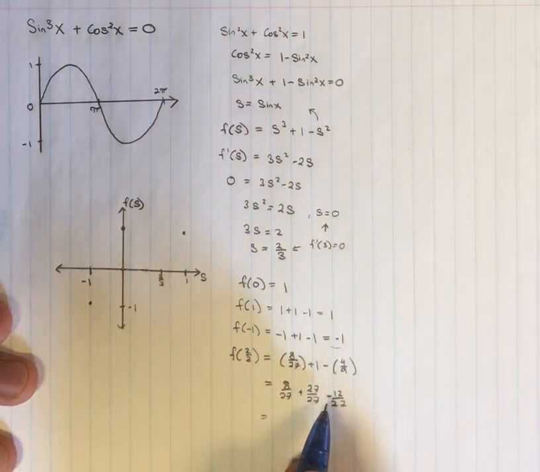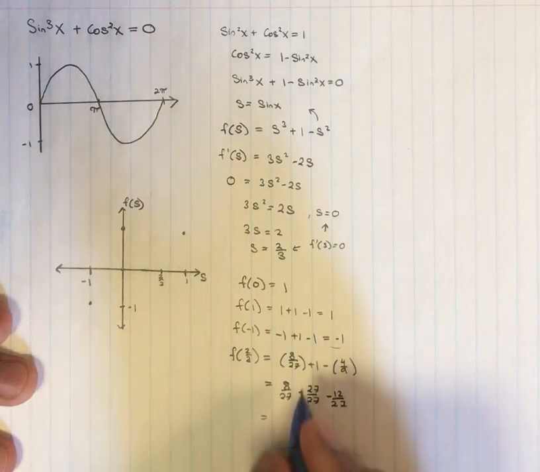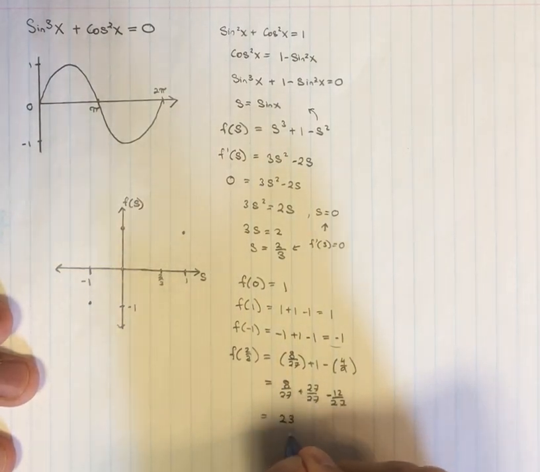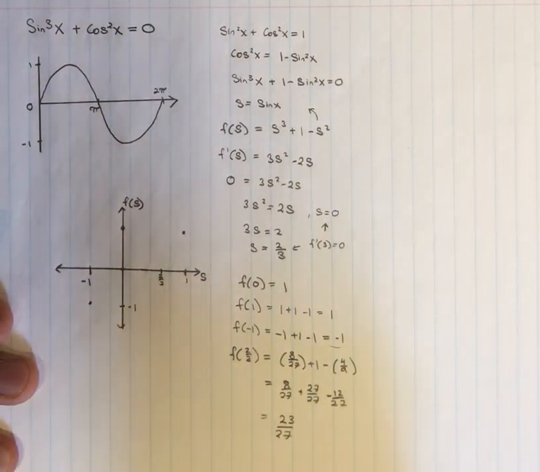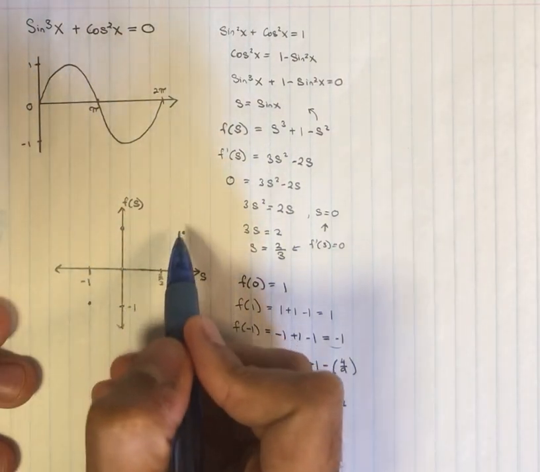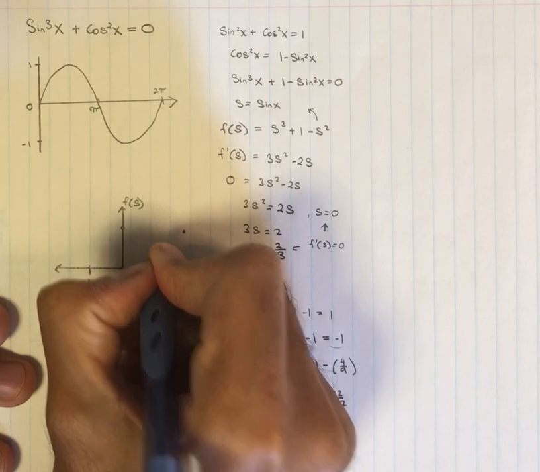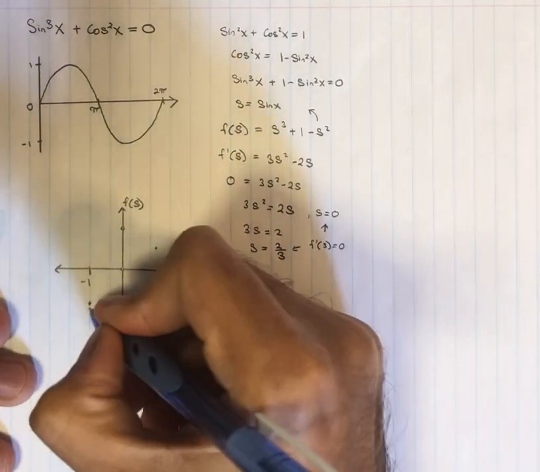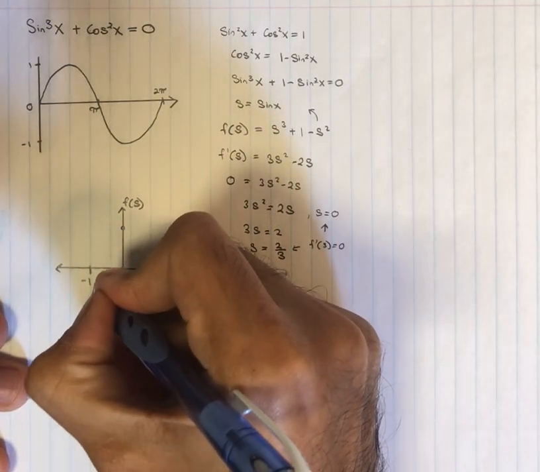That's equal to 23 over 27, and this is less than 1. This is less than this value, so we know it's not going to be upwards. It's somewhere here. So from this, we can plot the graph.